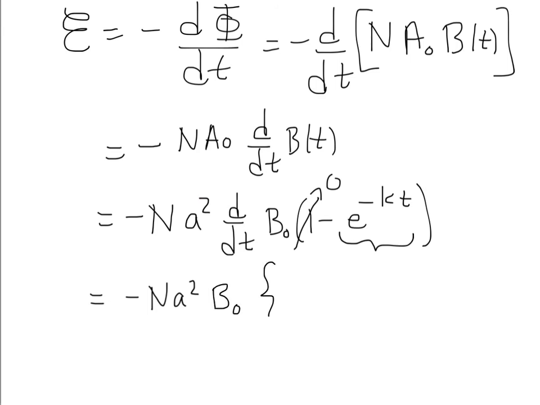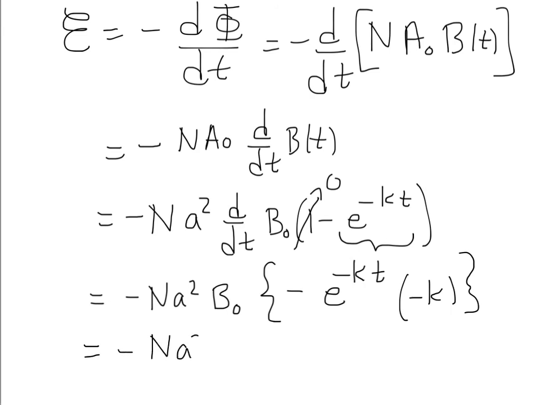So now we have the derivative of this exponential. Well, the minus sign stays there. The derivative of an exponential is the same exponential times the derivative of what is in the exponent, which is just minus k. So the final answer here, because there are three negatives, we have a negative sign, n a squared b naught k e to the minus kt.